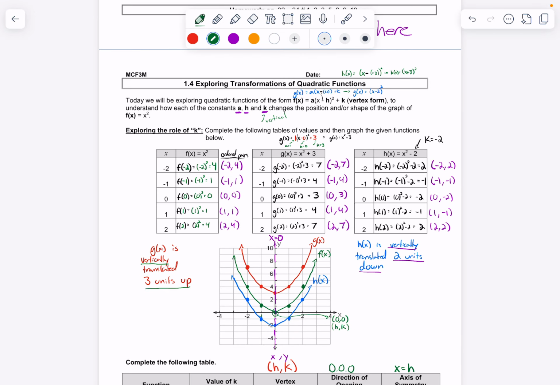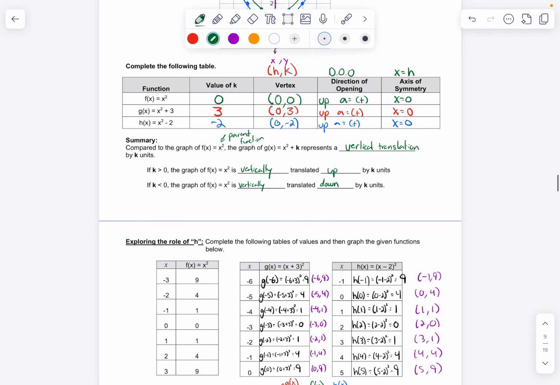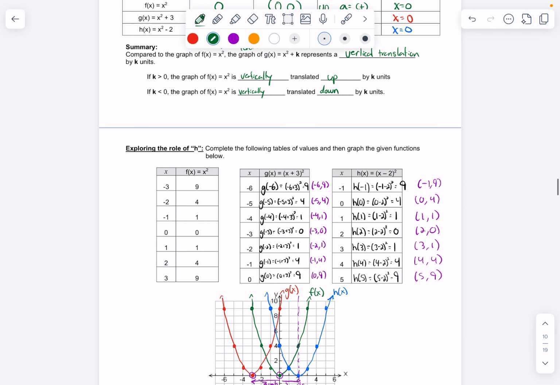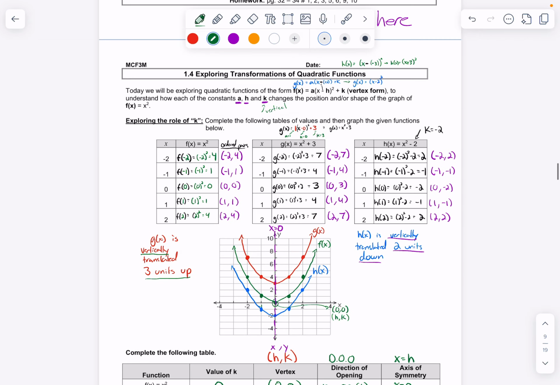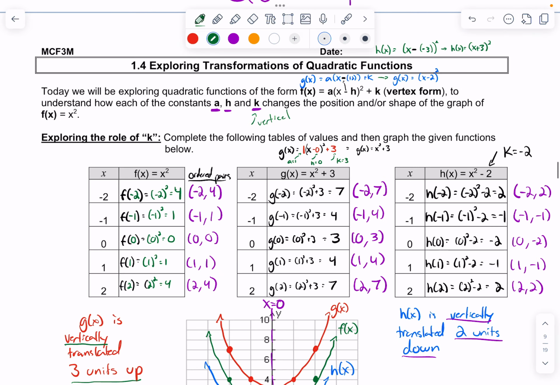The next one was the horizontal, the H value. Going back up to the top, you see that there are only three variables. The only one we have to deal with today is this last A value.